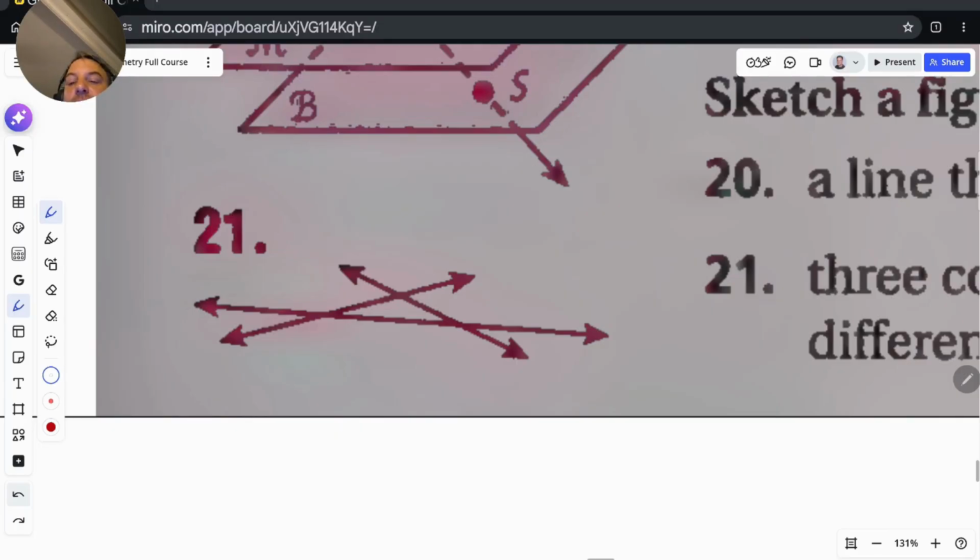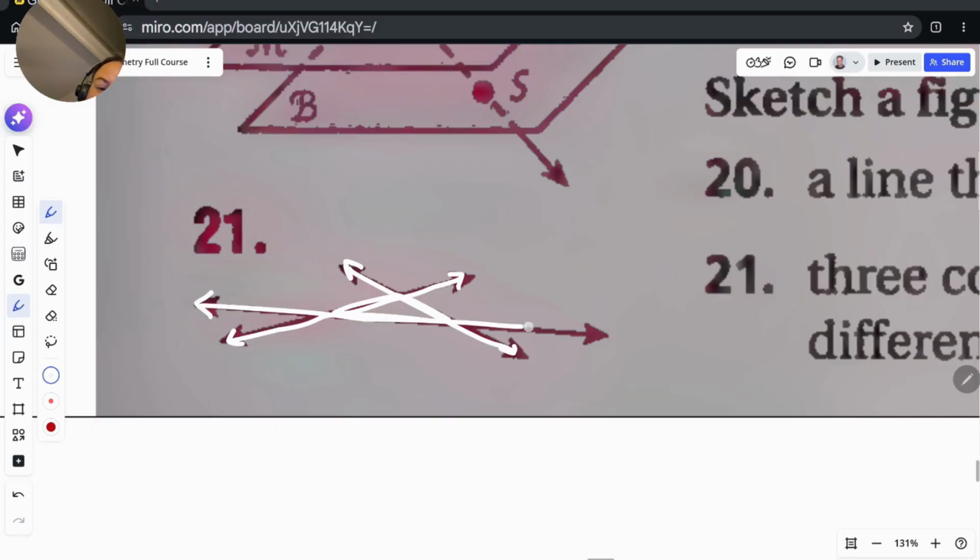A simple way to do this would be, for example, to just go ahead and draw your triangle. And then from there, you can extend each side into a full line with arrows on both ends, like such. Here's a line. There's a line. And here's another line.